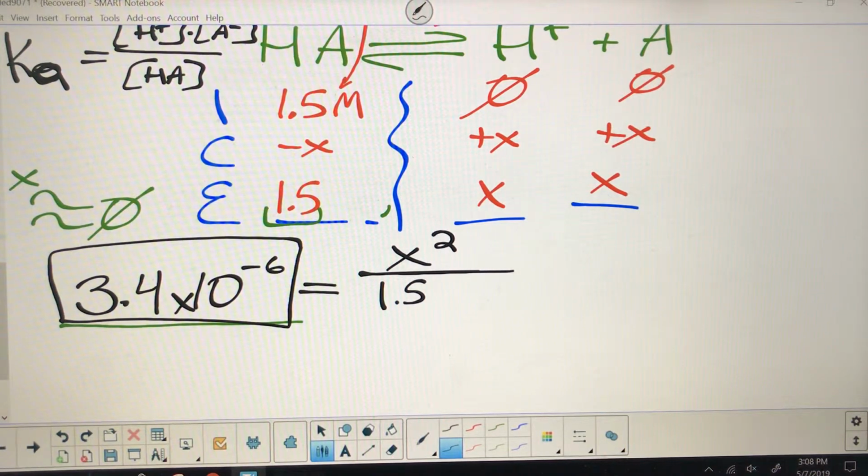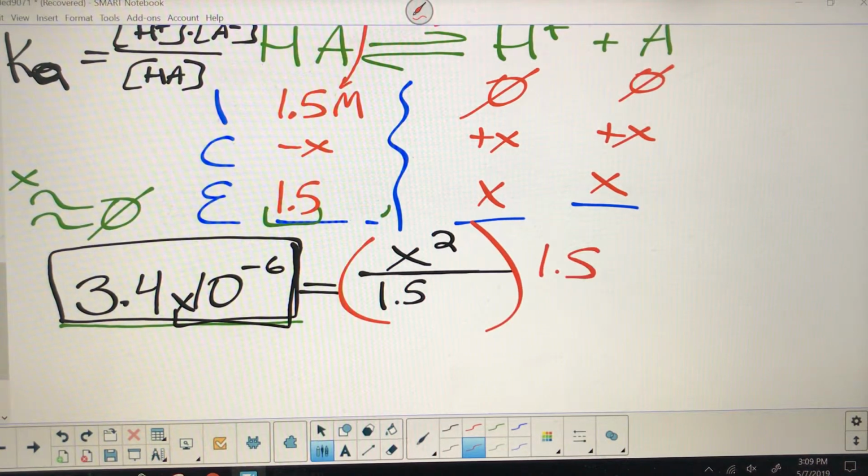On all other equilibrium problems with your K value not super small, like times 10 to the negative 6th like it is here, you have to do the regular ICE table math and do the square roots and all that. But for this, it makes it much easier. So if I multiply, I'm just going to quickly finish this one off.